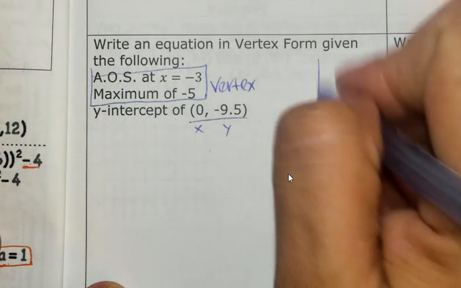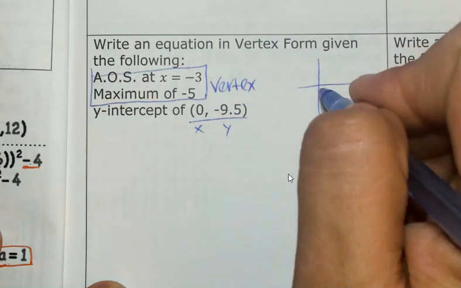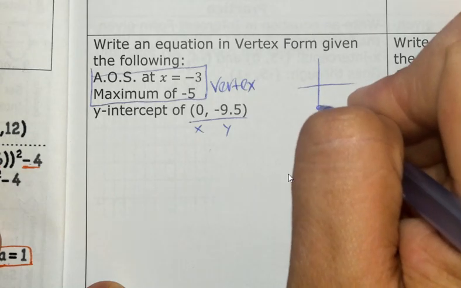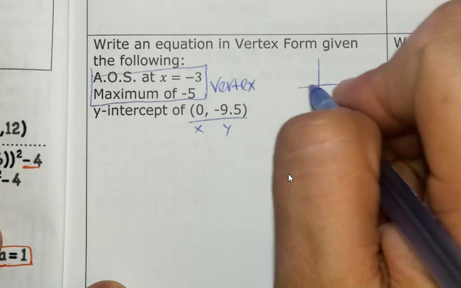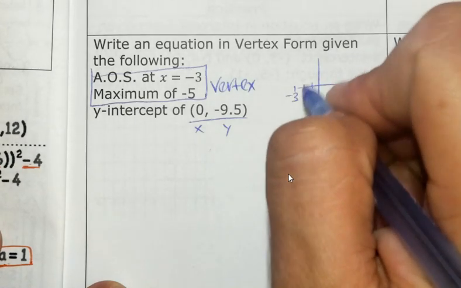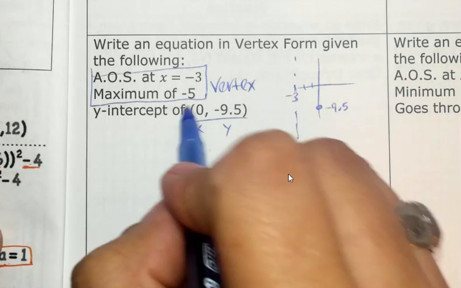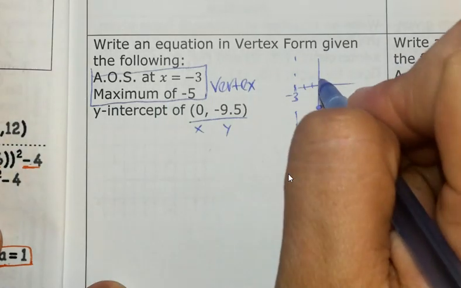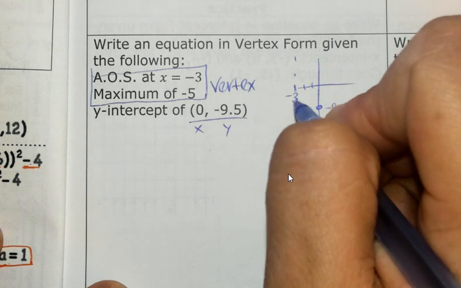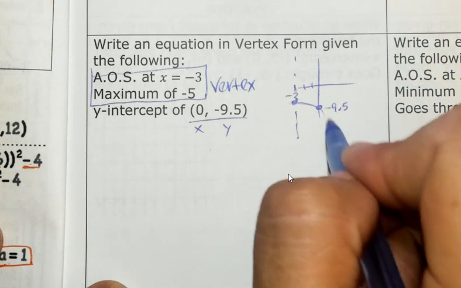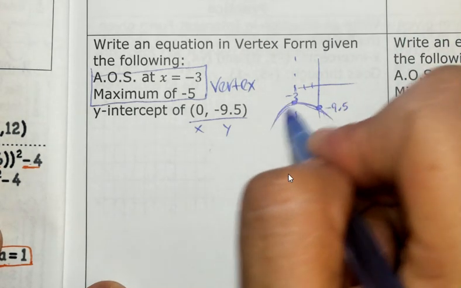So picture a graph that has a y-intercept at (0, -9.5). It has an axis of symmetry when x is -3. And it has a maximum of -5. So -5 will be, let's say, somewhere here. So it's going to look something like this.